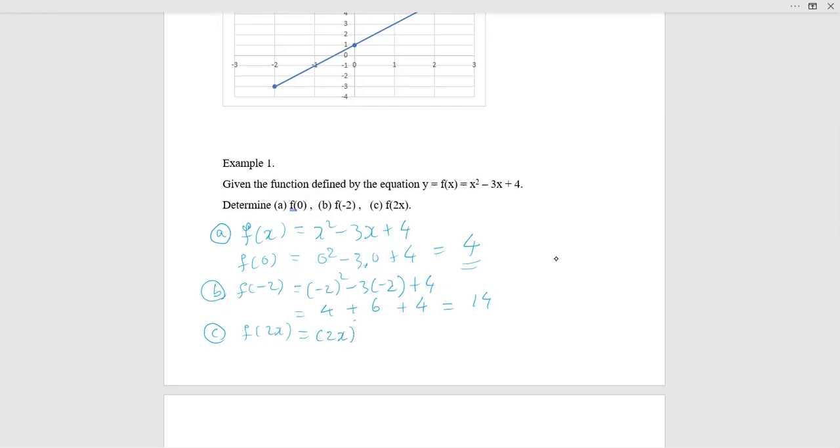So it is (2x) squared minus 3 times 2x plus 4. (2x) squared is 4x squared, minus 3 times 2 is 6x, plus 4. That's the answer to f of 2x.